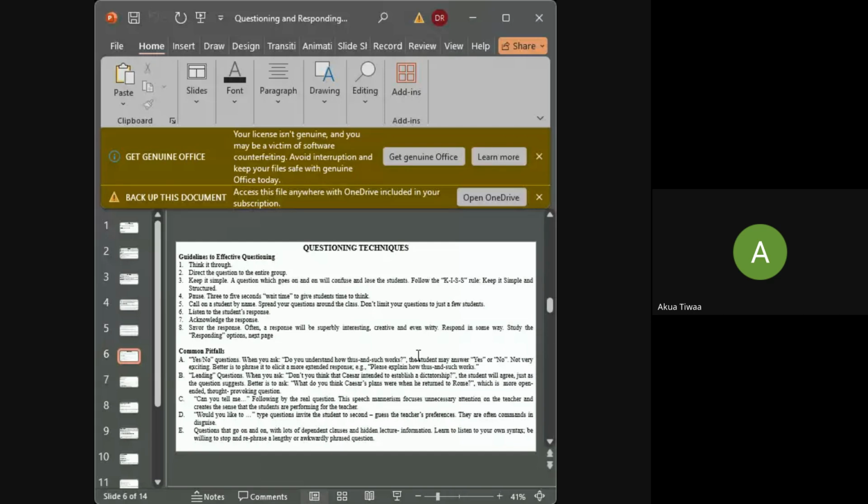And then we have questions that check literal comprehension, whether you understand literally. In content fields such as social studies, science, and so on, it is necessary for the teacher to know whether or not the children are extracting the essential information presented in the material they are required to read. Questions used to check such literal comprehension should encourage good study habits.